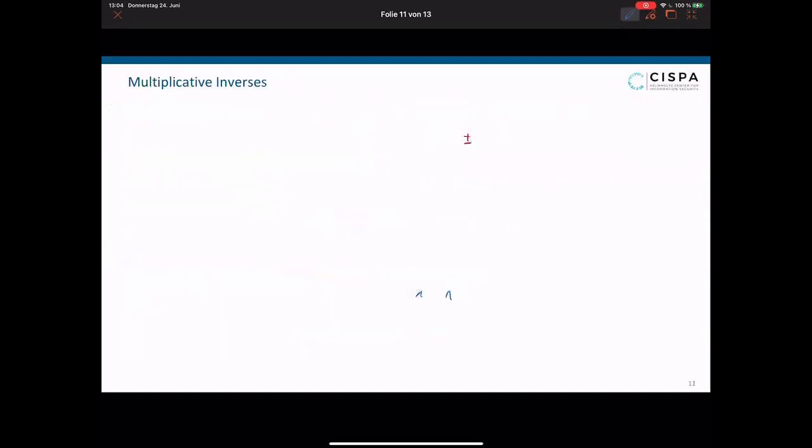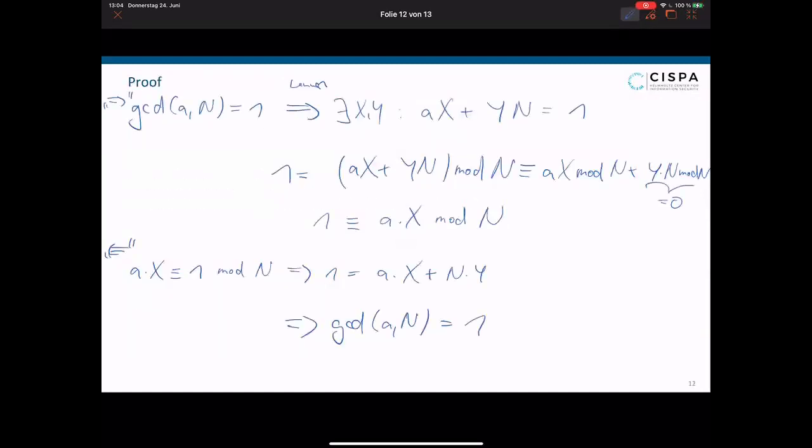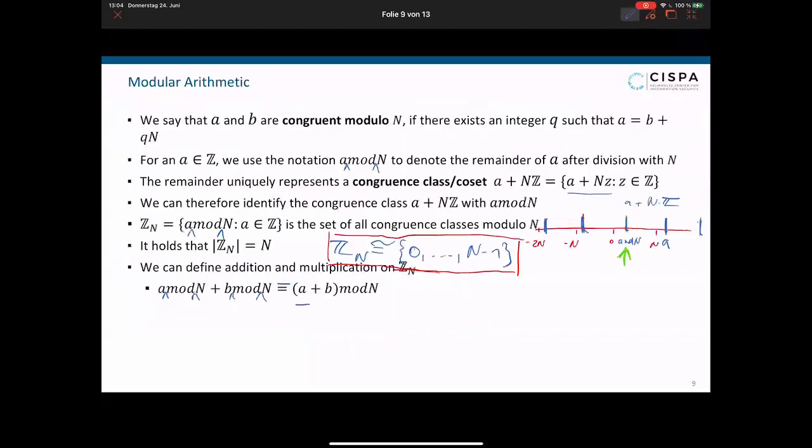But next question. I'm using already here that I can express the GCD as A times X plus B times Y. How can I find these X and Y?